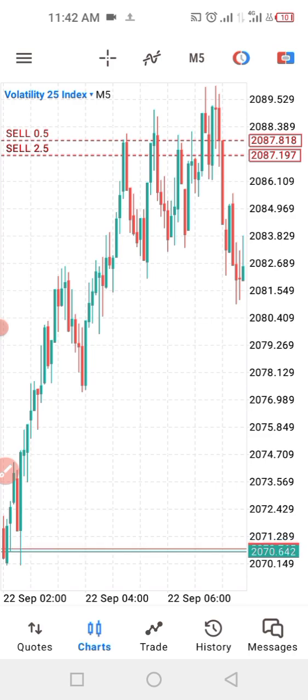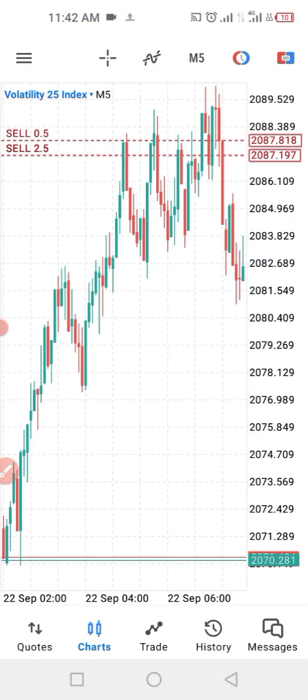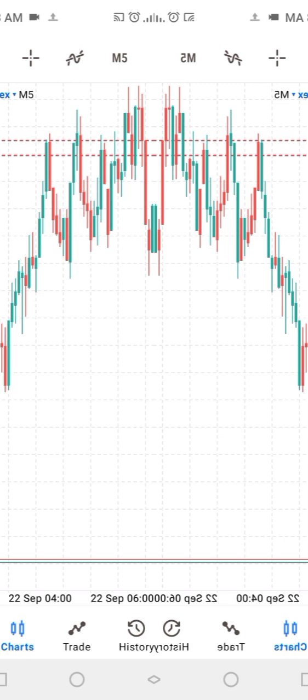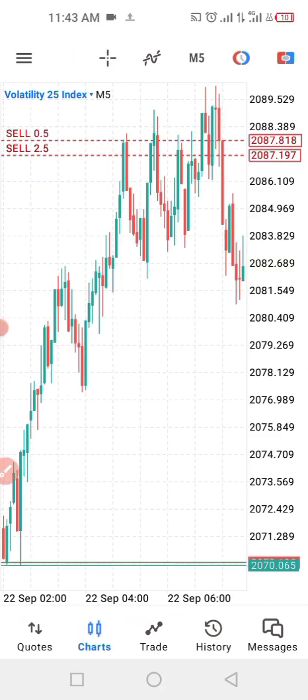So in volatility 25 index, I know my strategy there is trendline. That's what I use in killing volatility 25. Trendline in support with psychological level, but mostly I must have that trendline and I will check the psychological level.